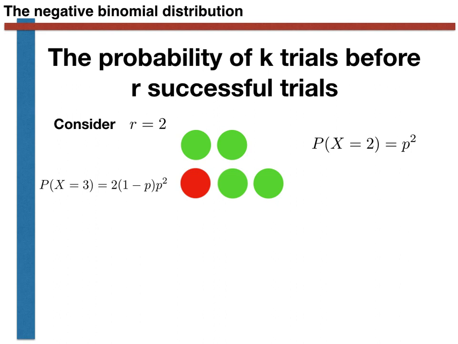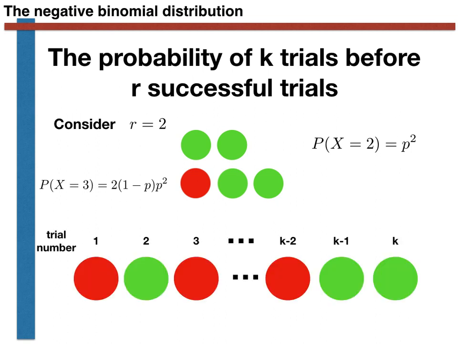We can generalize the insight that we got from this simple example into a general result as follows. We first note that the probability of any sequence of k trials that involves R successes is equal to p to the R multiplied by 1 minus p to the power k minus R, because each of the trials are independent.